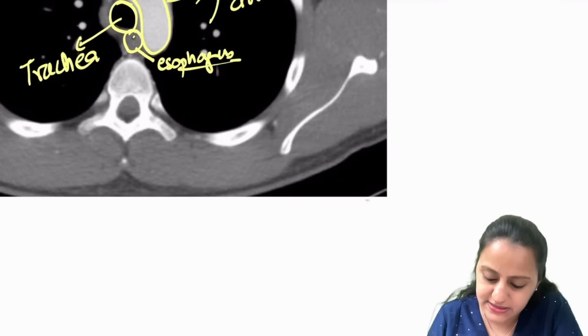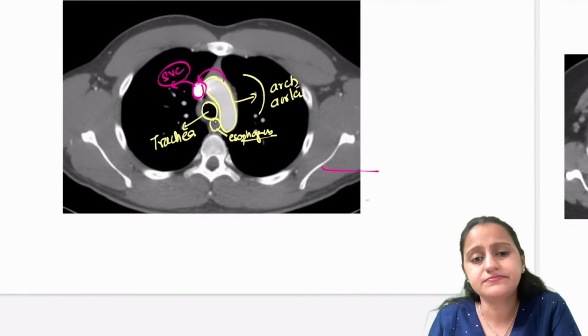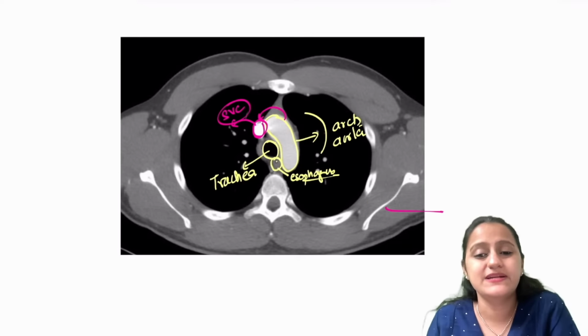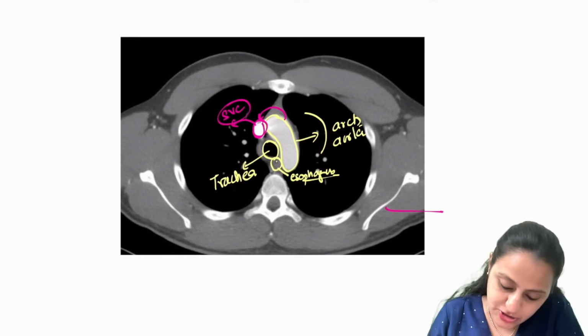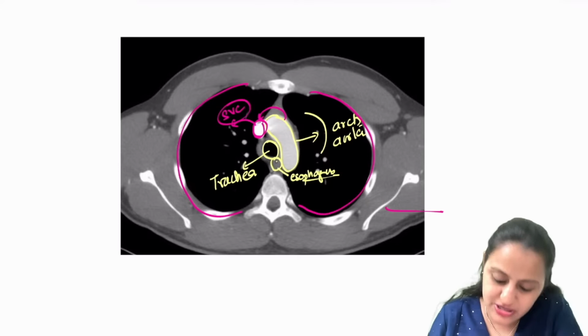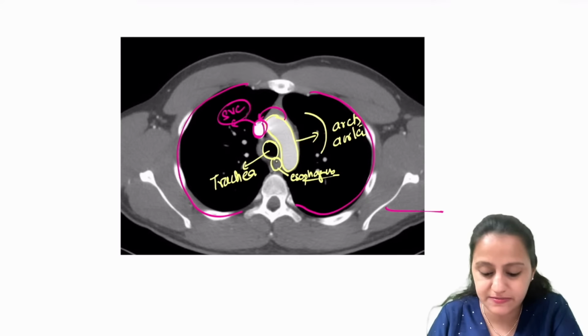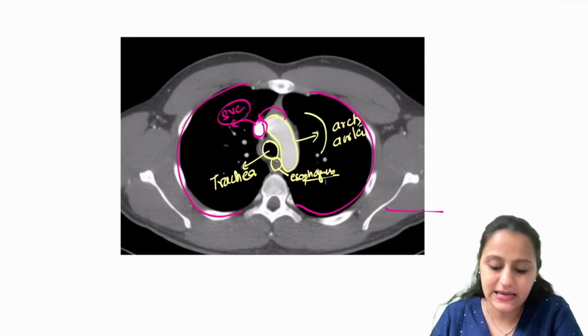And what is this structure here? What is this one? Is it rib? Is it scapula? Is it clavicle? What is it? So this one here is the rib cage that you can see, right? Those are the ribs there. And this is behind the rib cage.